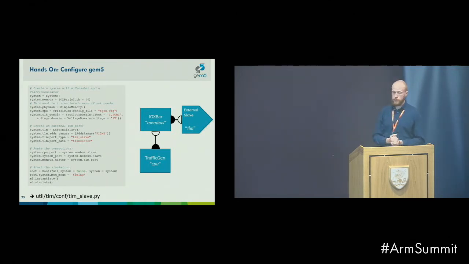So this is from the TLM example, the Python script. And again, it's a very simple script that just creates a system. It creates a traffic generator CPU. It creates a crossbar bus, connects them, and it also creates an external slave and connects it to the bus. And then again, it starts the simulation.